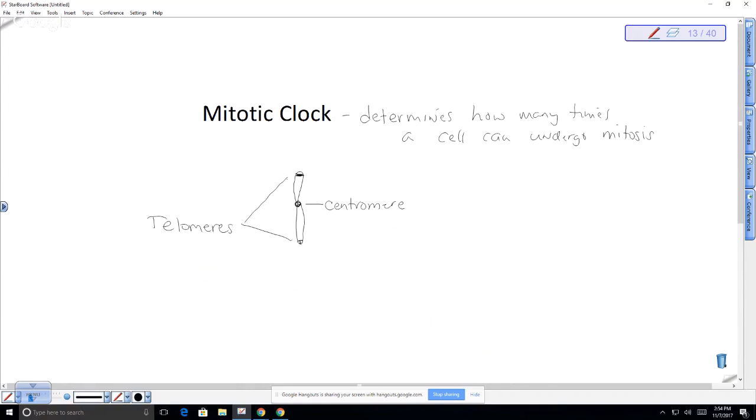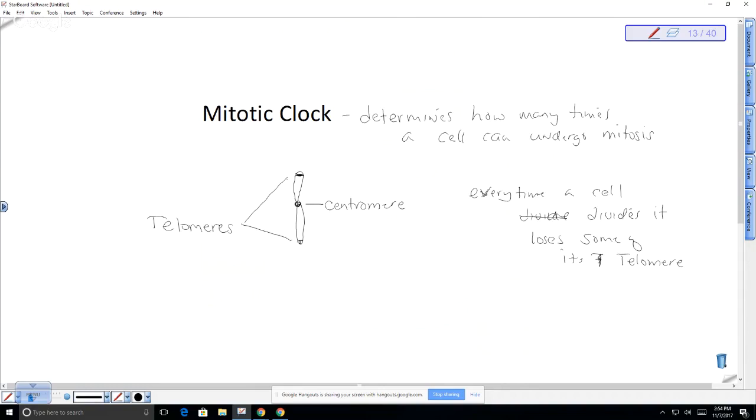So every time a cell divides, it loses some of its telomere. Okay, so when there's no more telomere present, then it can't divide anymore.